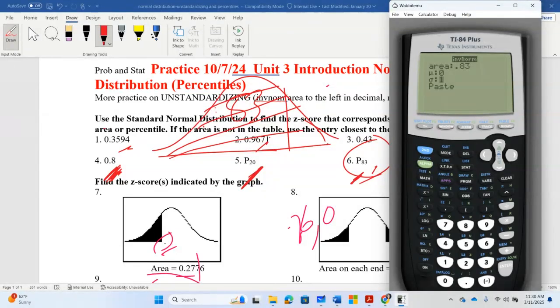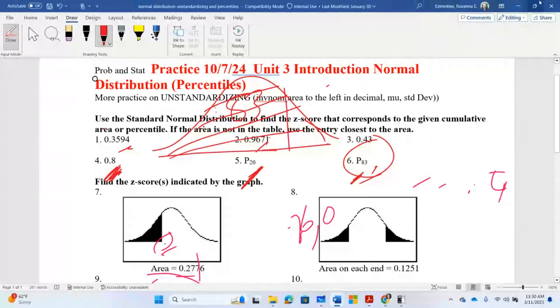The mean is 0, standard deviation is 1. I am going to calculate. Therefore, the z-score corresponding to the 83rd percentile is 0.9542, no percent. So it shouldn't be there.